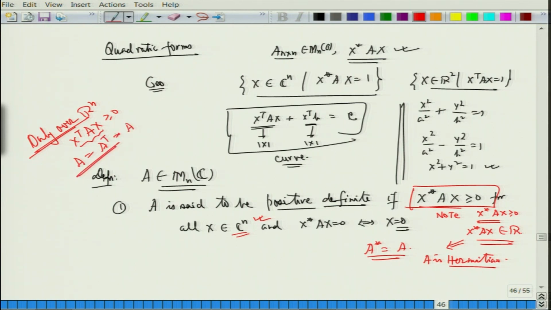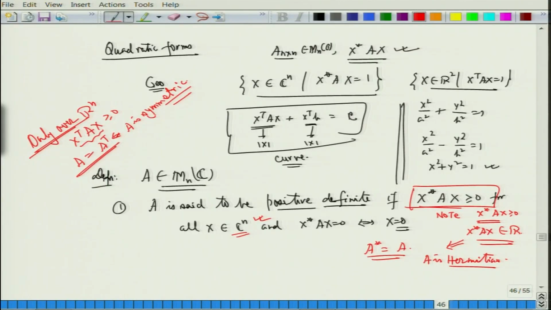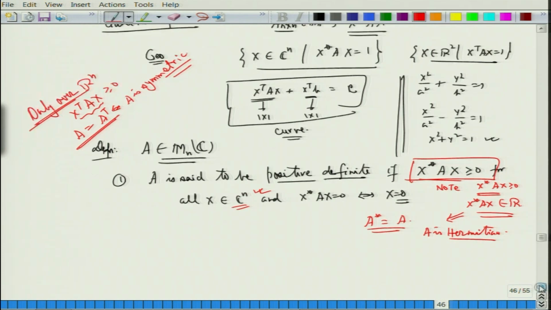I may not use the word symmetric or the word Hermitian again and again, but in this chapter for us it is going to be symmetric. I am not going to check this part. I would like you to do it yourself: if x star Ax is greater than or equal to 0, then A has to be Hermitian. Try that out yourself.